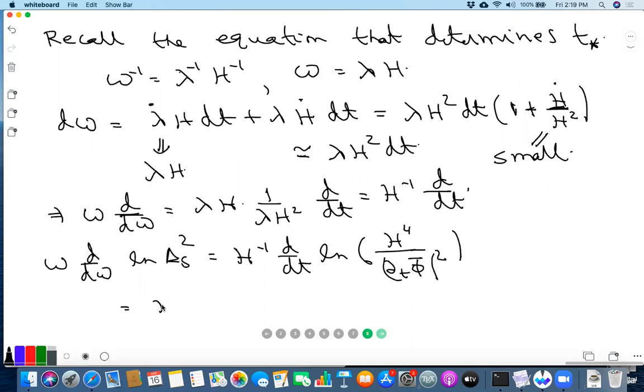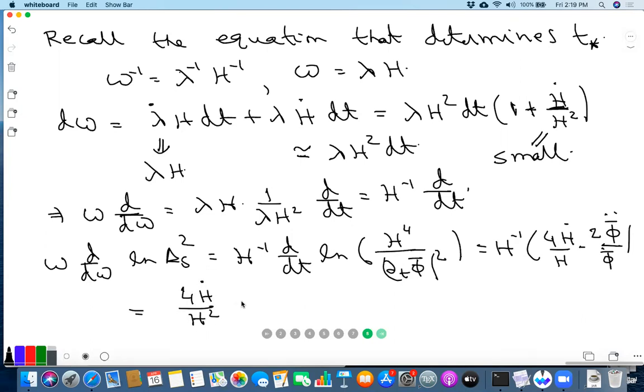So this is h inverse times 4 h dot over h minus 2 phi bar double dot over phi bar dot. So this I'll write as 4 h dot over h square minus 2 phi bar double dot over phi bar dot.